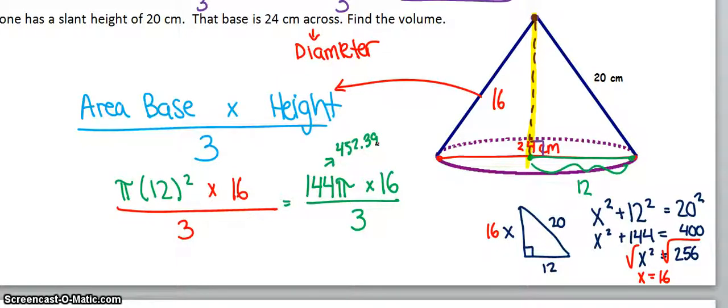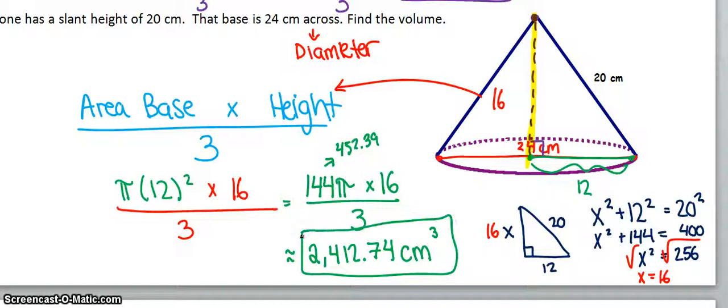Okay, but then I'll divide that by 3. And when I divide that by 3, I will get approximately, because I've rounded here, 2,412.74. And we're talking centimeters, and it's volume, so it's centimeters cubed. So write your units on there. Okay, so I basically just multiplied this out, divided by 3, and I got my final answer.